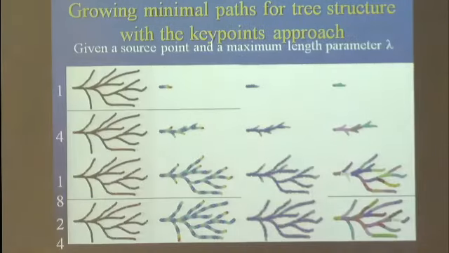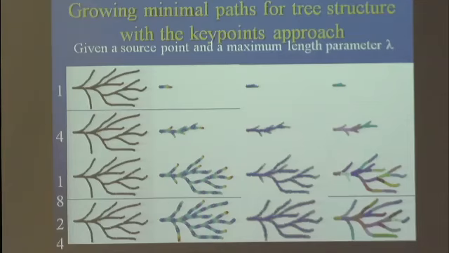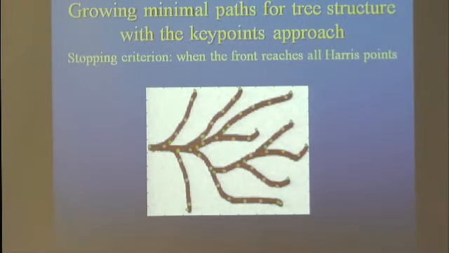Now the problem here is when to stop this propagation, because if you don't know when to stop, then it will cover the whole image space. So one way which can work if the image is not too noisy is to consider a very old tool of computer vision, which are Harris points, a detector for corners or T-junctions. Here you see in green these different Harris points.